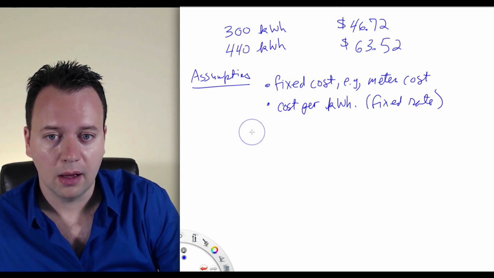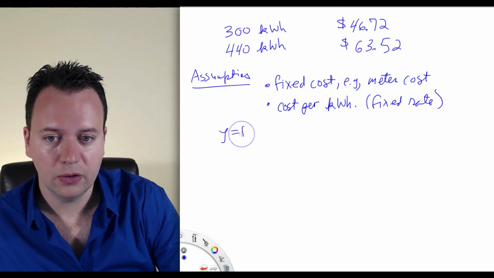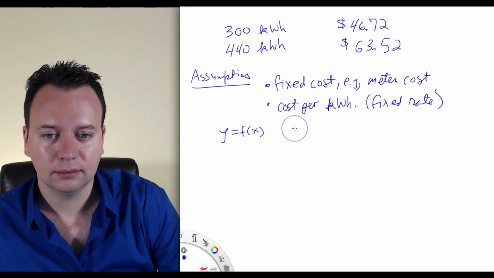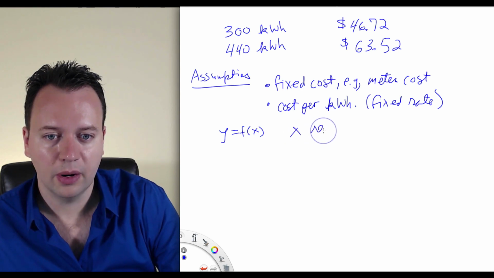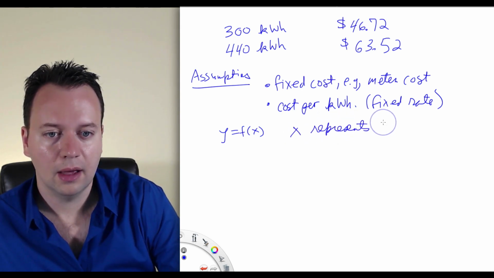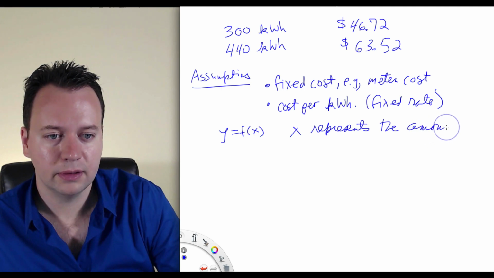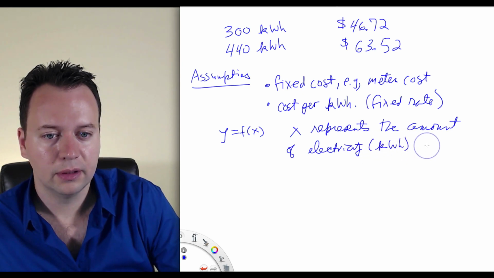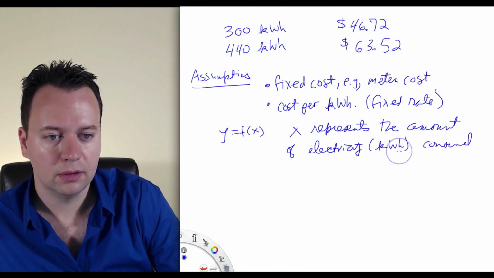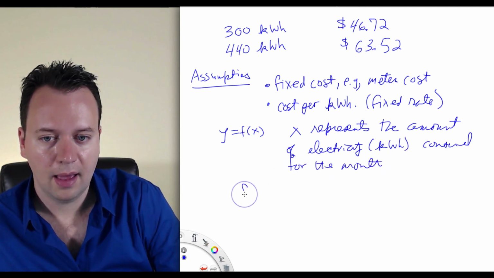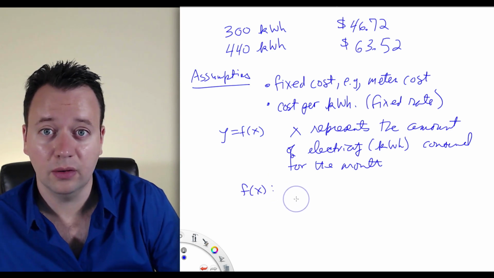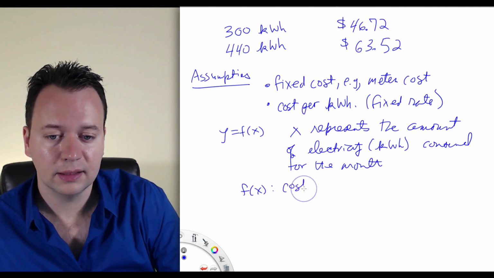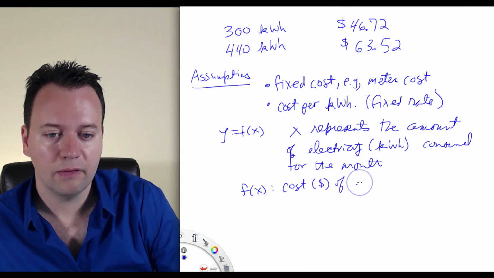So we can say y equals f of x. Here x represents the amount of electricity, in kilowatt hours, consumed for the month, and then f of x, the output, tells the cost in dollars of the electric bill.